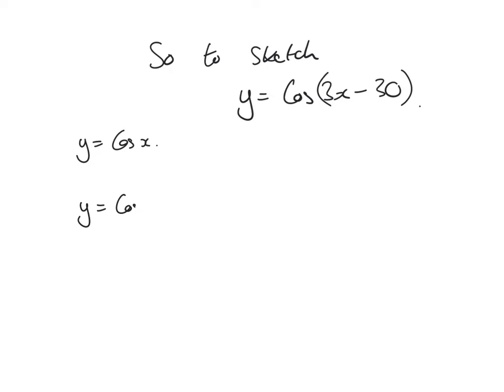Then we're going to think about how we do y equals cos x minus 30. So you can see I'm doing that translation of 30 to the right first. Now I trust you all to be smart enough to know that this is the cos graph moved by 30 to the right. I'm going to take the x-intercepts and I'm going to add 30 to each of them, so I get 120 and 300, I think.